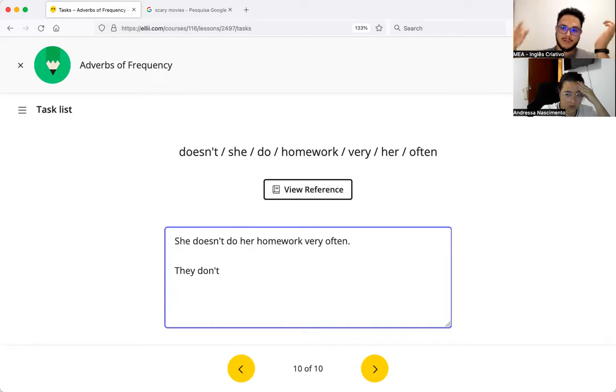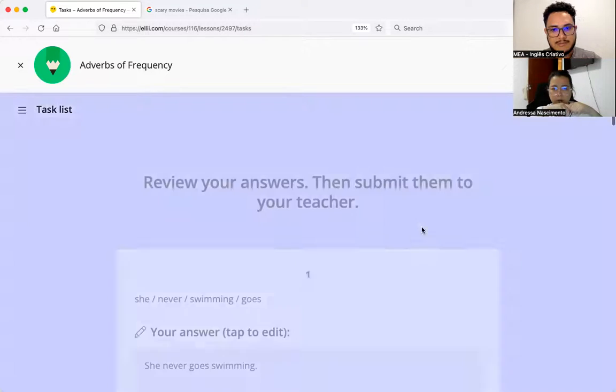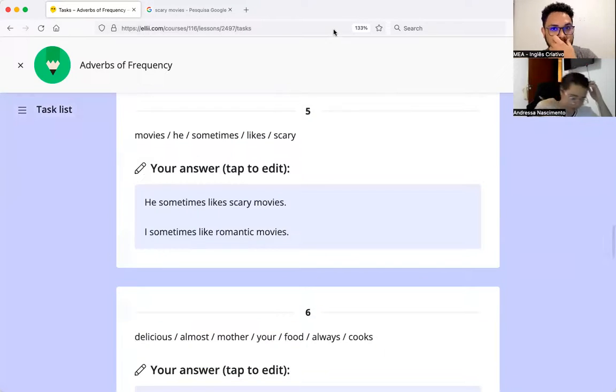When you are on vacation, what is the action? Try to use the verb travel. They don't travel very, very often. Very good, dear. Very, very good.